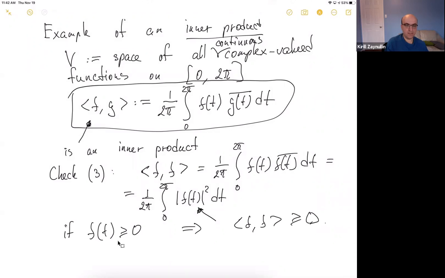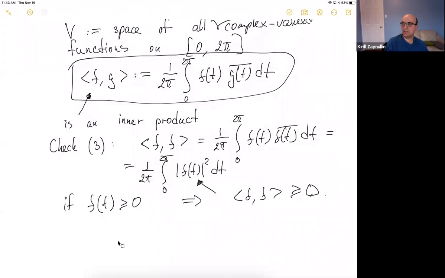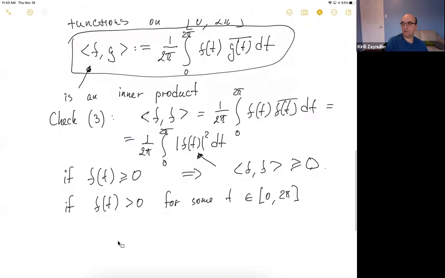But moreover, if your function is strictly greater than 0 at a certain point, it is a continuous function, so if f(t) is greater than 0 for some t on this interval, then again by the property of the integral, this integral will be strictly positive.